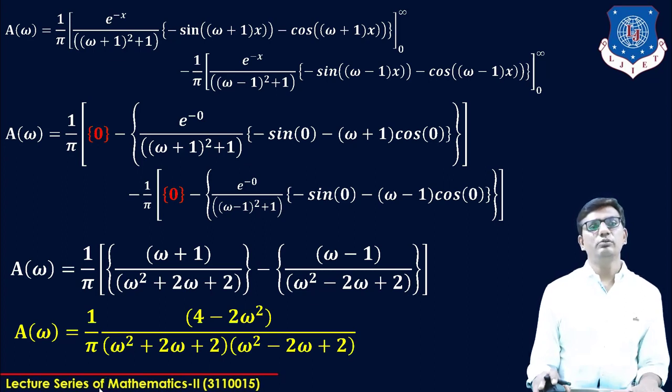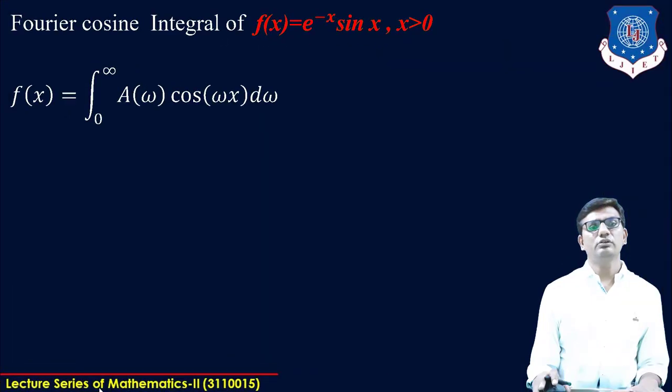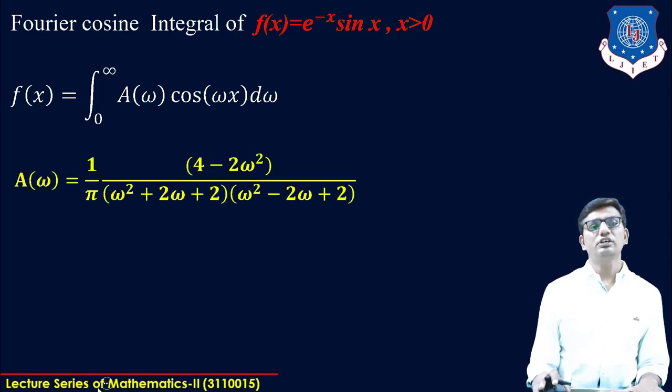As we know that b omega is 0 in Fourier cosine integral, so f of x equal to integral 0 to infinity a omega cos omega x. Now we have a omega is 1 upon pi, 4 minus 2 omega square upon omega square plus 2 omega plus 2 into omega square minus 2 omega plus 2. We put a omega in this formula.